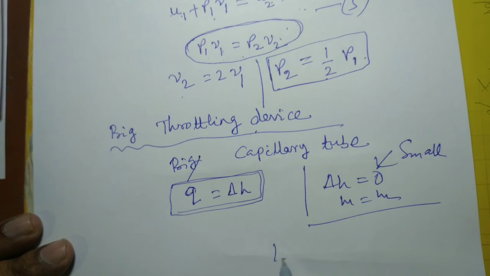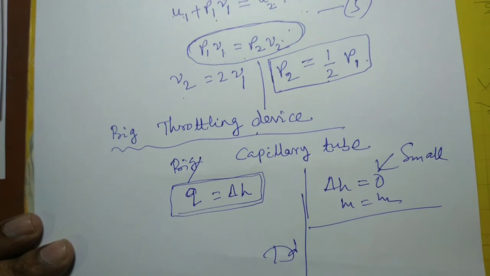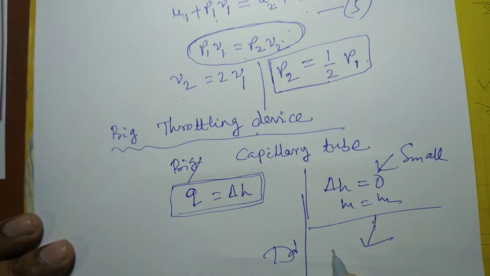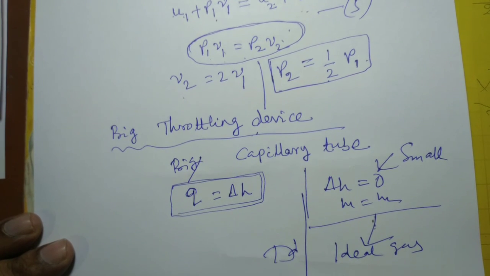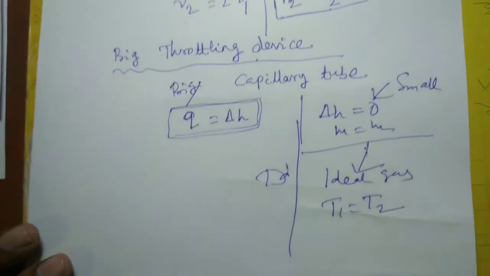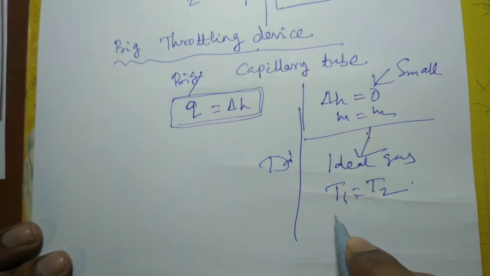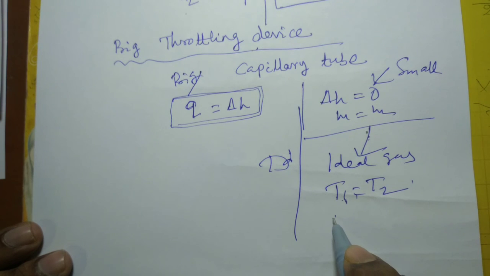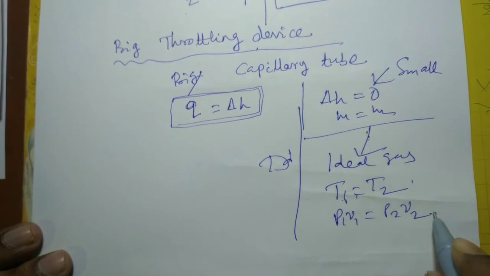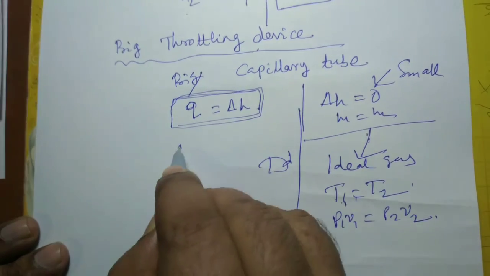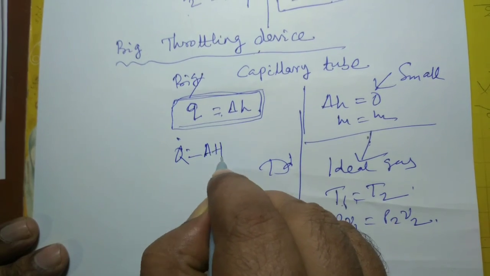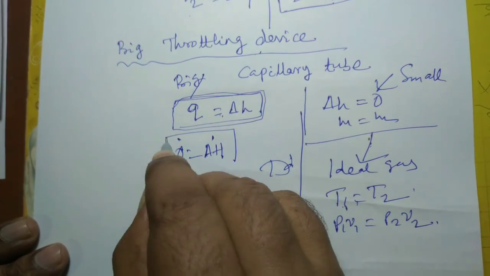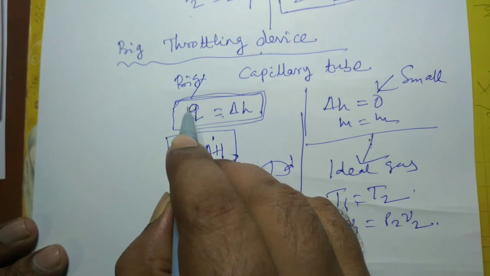And if the fluid is an ideal gas, then the equation will be T1 equal to T2, and since H1 is equal to H2, P1 v1 equal to P2 v2. For a big throttling device, Q dot is equal to delta H dot. You cannot take this as 0 for a big throttling device.